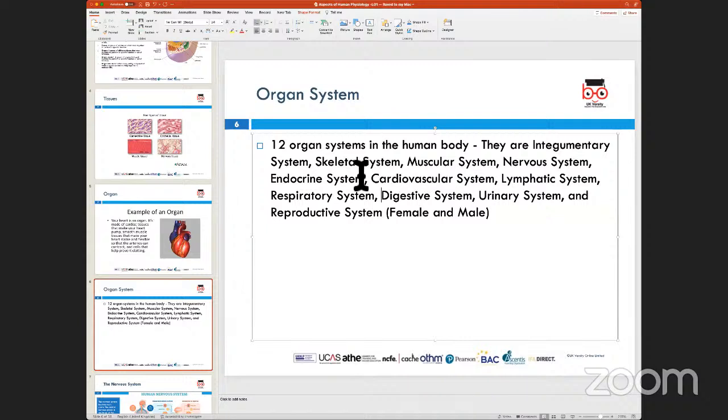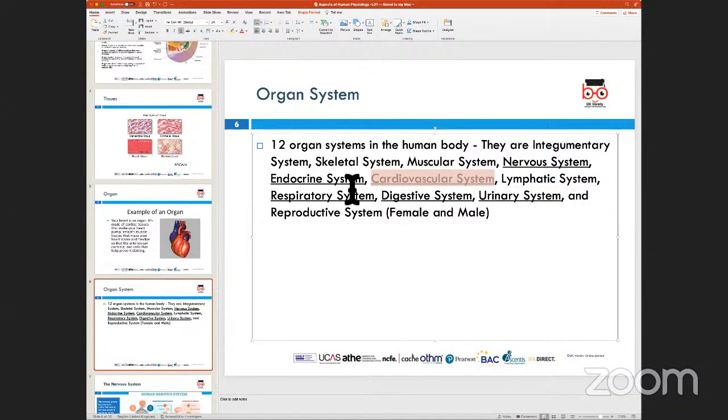Now, out of these, we are going to be focusing on the systems which are, as per our indicative content, required for us to have knowledge about in terms of aspects of human physiology. We are not going to be looking at some systems in particular because they are not part of the indicative content.